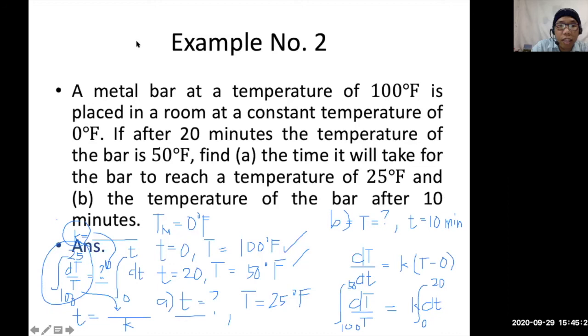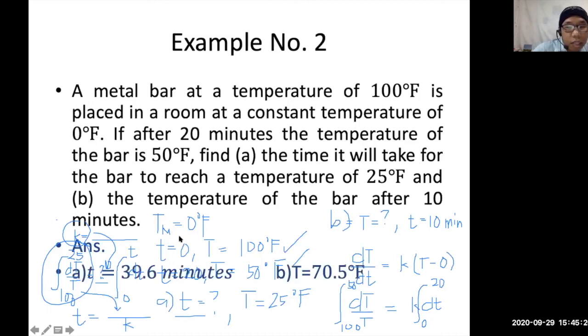Let's check. Okay, 39 point. What is letter B? 70.5°F. Okay?